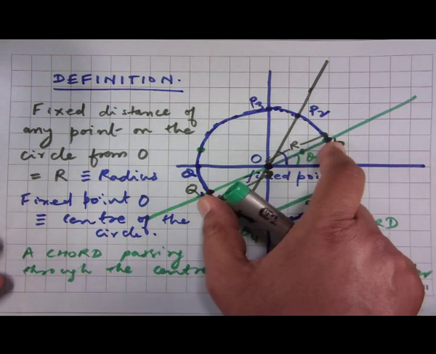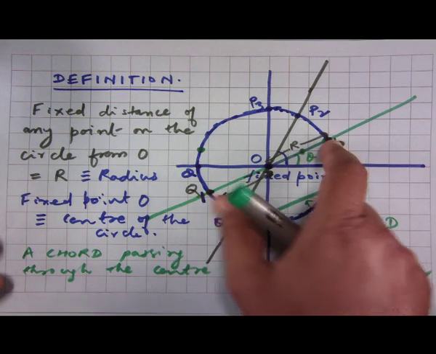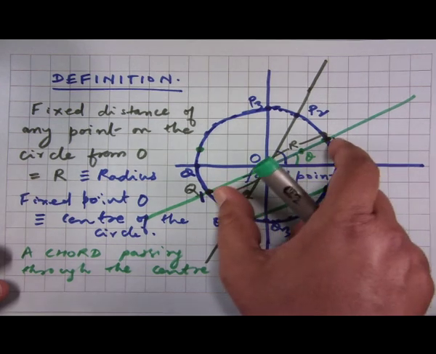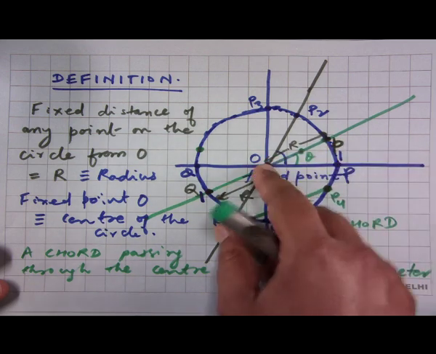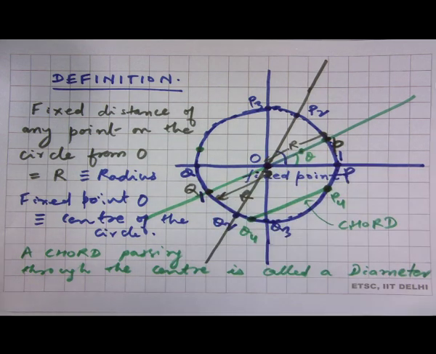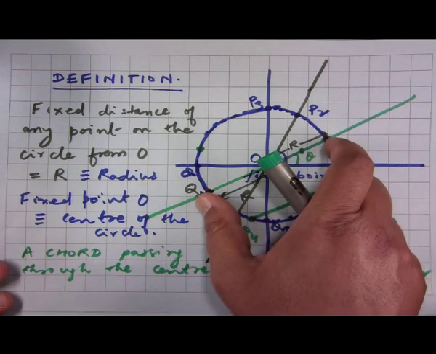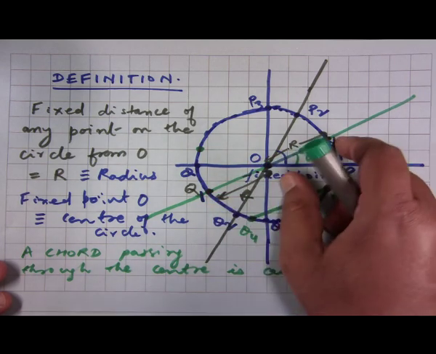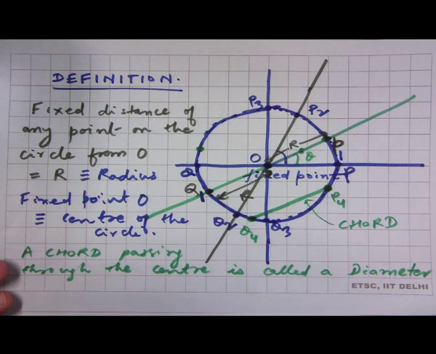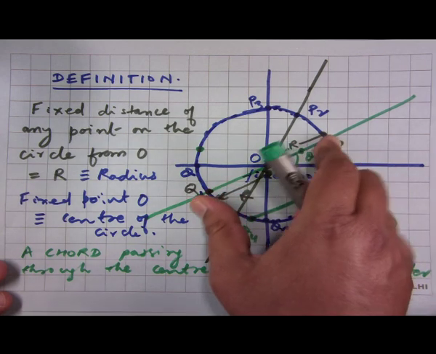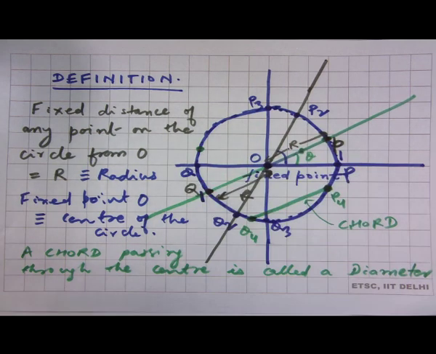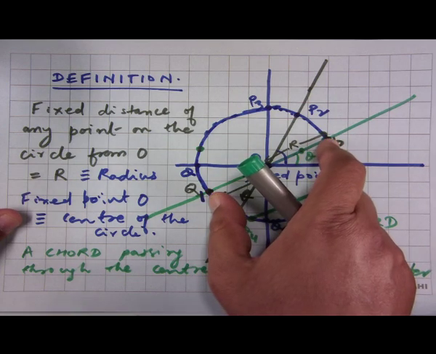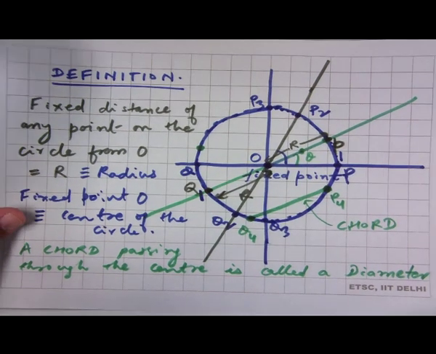For example, in the case of P1Q1, because a diameter passes through the center, this length P1Q1 is P1O plus OQ1, because P1Q1 is a straight line, and we know that both P1O and OQ1 are equal to R, and therefore, P1Q1 is 2 times R. So, from that we see that the diameter is always twice the radius.